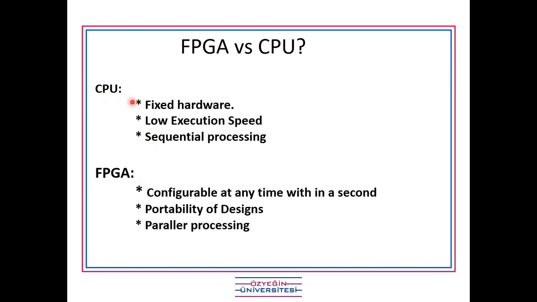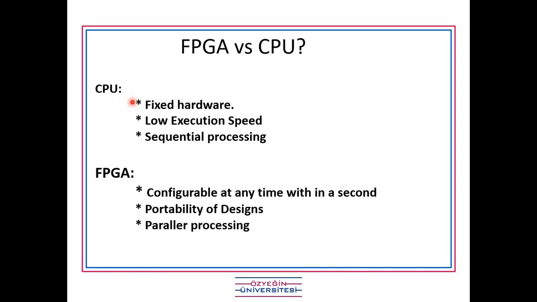So a CPU is fixed. Not mostly, but every time it's fixed. It has a fixed size. For example, my laptop has a 64-bit CPU, so the instructions that it executes or the inputs and outputs that it takes are 64-bit based. It's fixed. I cannot change it.